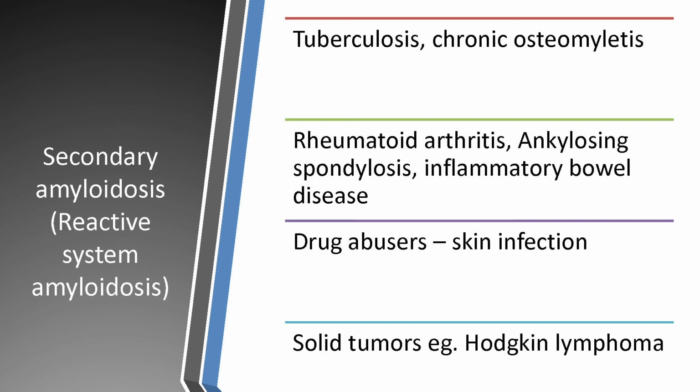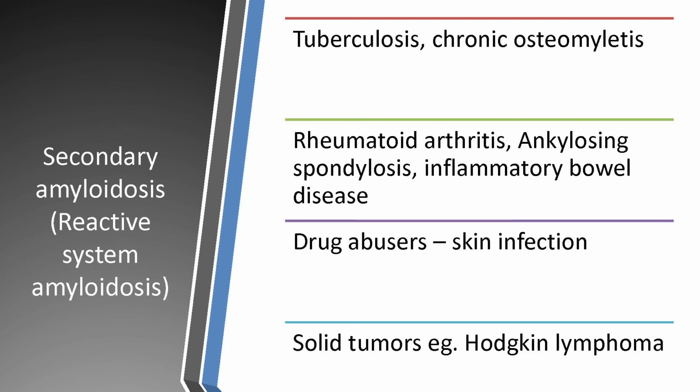So, patients who suffer from these syndromes also have a greater chance of developing amyloidosis. Drug abusers who repeatedly inject drugs into their skin develop lesions, and there also, in specific areas, amyloidosis can occur. Amyloidosis can also occur under certain solid tumors like the Hodgkin's lymphoma condition.